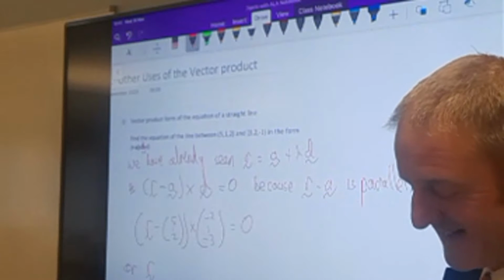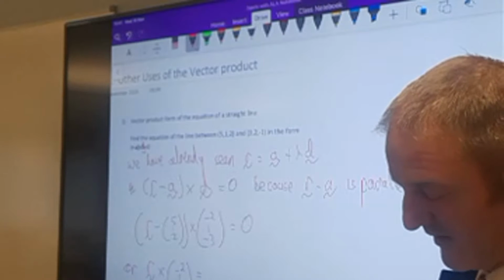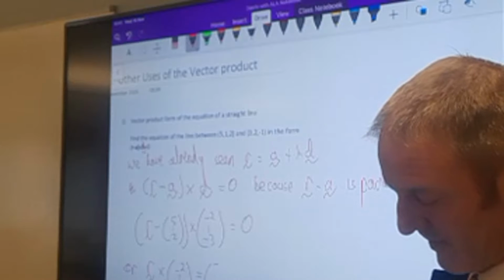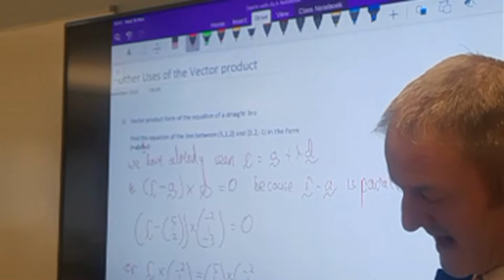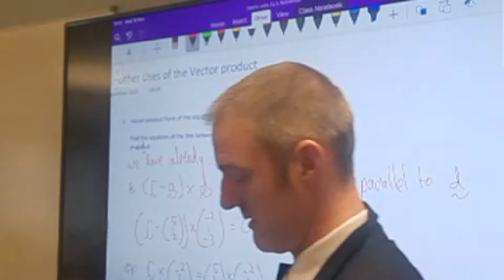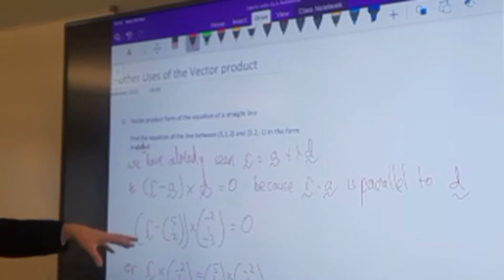Because the cross product is distributive, you might also be expected to recognize that this can be useful, because you can evaluate (5, 1, 2) cross (minus 2, 1, 3). So you can write the equation in the form position vector crossed with a constant direction vector is equal to a constant.